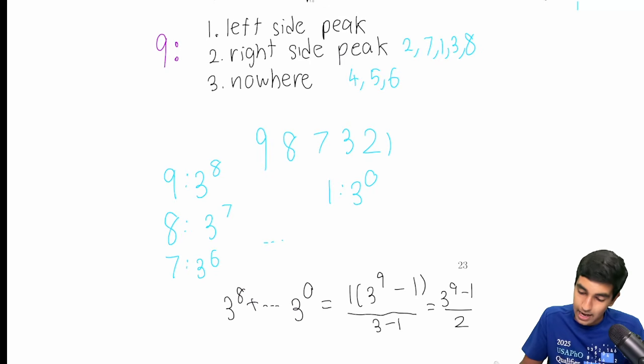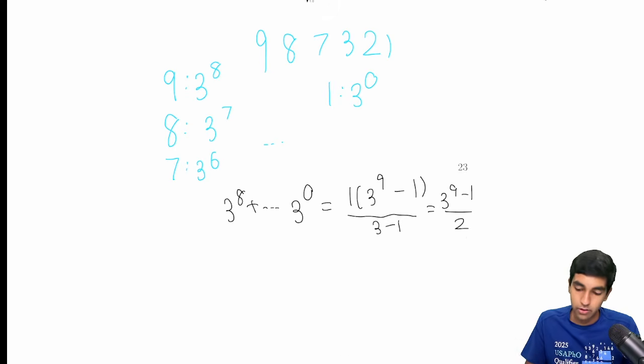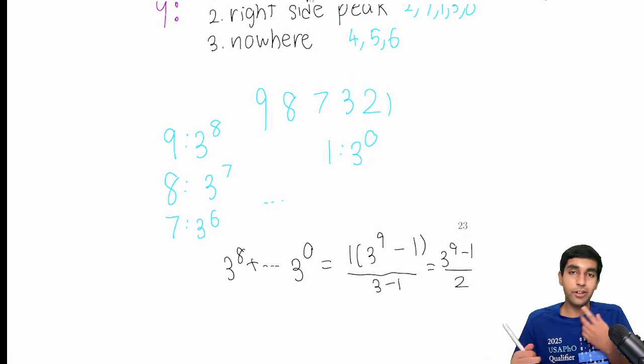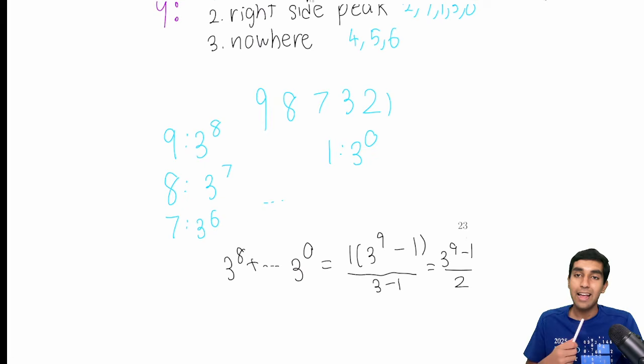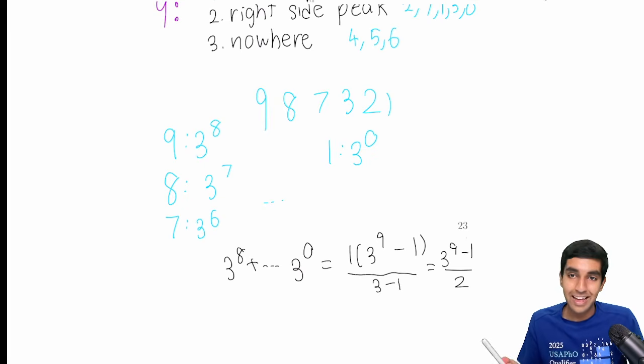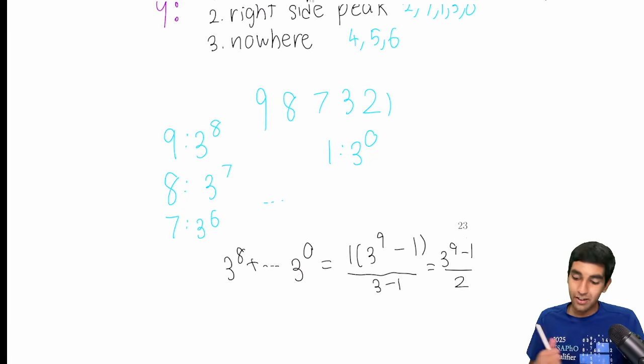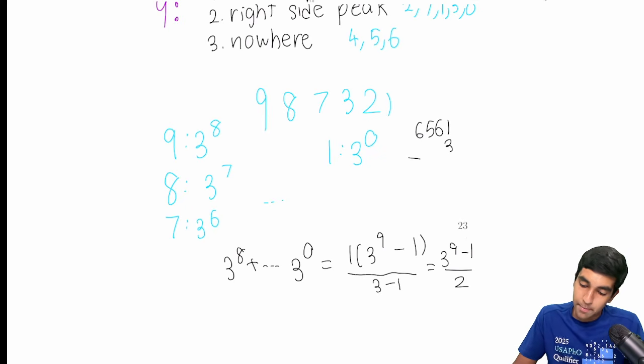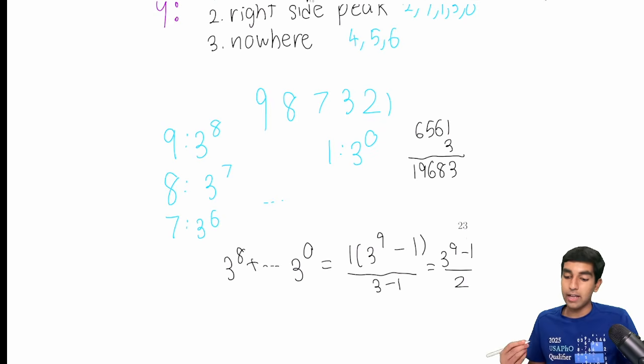And here's a quick way to compute this. The easiest way to compute this would probably be, 3 to the 4, that's 81. 81 squared, that's 6561. You can look at the squares video if you want to know how to do that one really quickly. I made that video many years ago. So 6561 is 3 to the 8th, and now we multiply by 3, and this gives us 19683. 19500 plus 183.